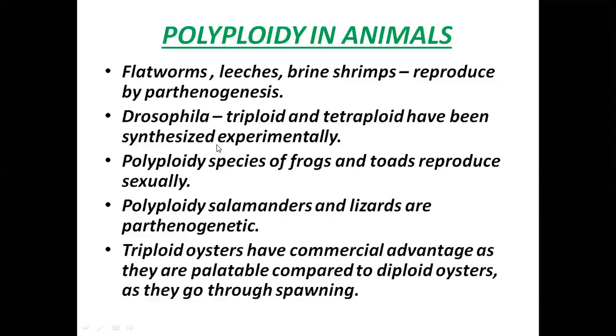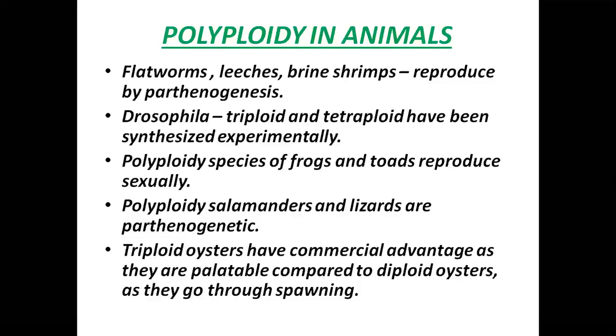There are naturally occurring polyploid amphibians like frogs and toads that can reproduce sexually. Then we have polyploid salamanders and lizards that reproduce parthenogenetically. We have what are called triploid oysters and diploid oysters.